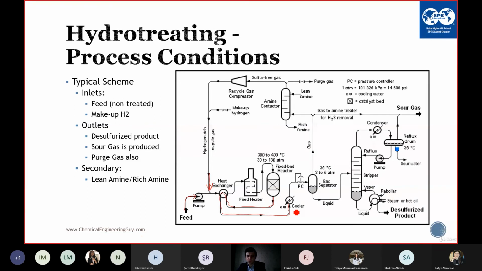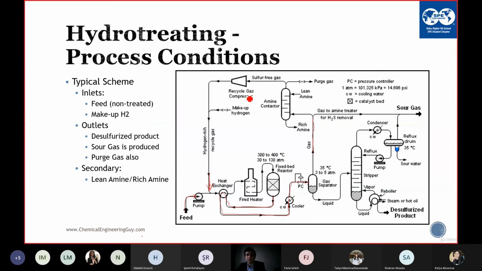CW is the cooling water. You use the cooling water, and it is sent to gas separator, where you have the gases, and then gases is sent to amine contactor. Sometimes it is not needed, so it depends on the H2S limit in the gases, and it is sent to recycle gas compressor.